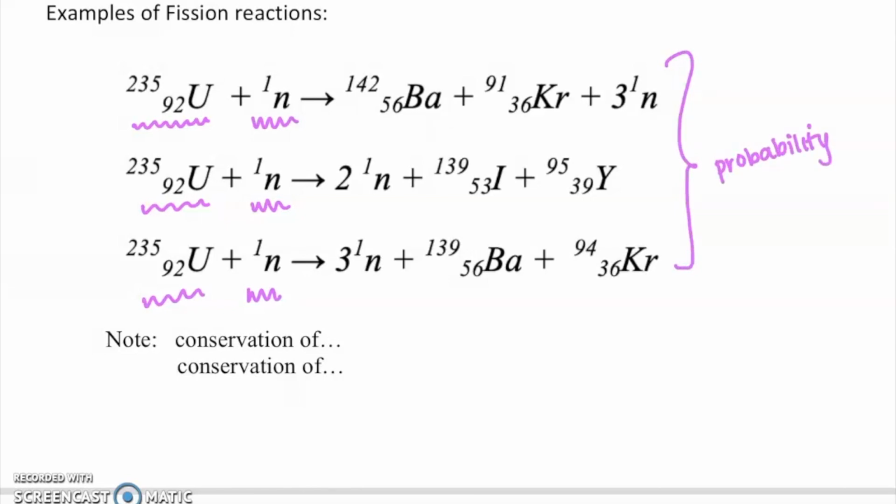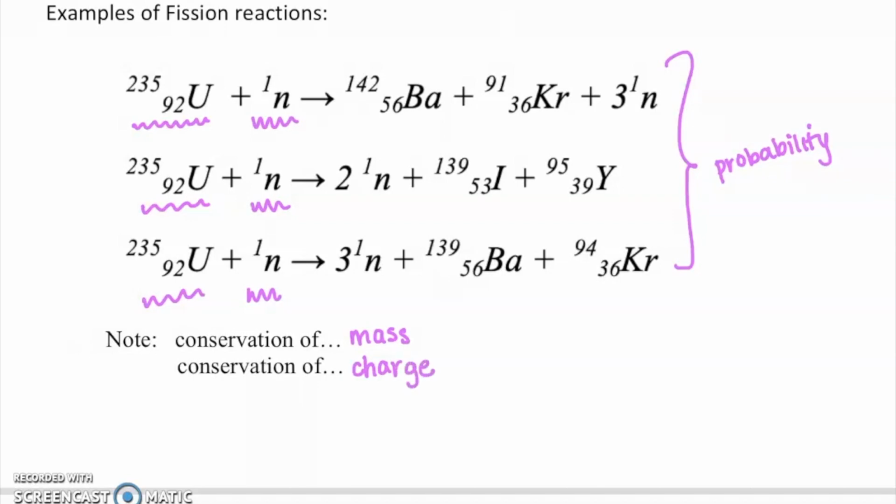There really is not a good way to predict, like, I want that one, so I'm going to make that one. Or I think this one's going to happen next. It really is a probability which of those reactions you're going to get. A really important thing to notice in these equations, just as our SL students have taught you, is that we are seeing conservation of mass and conservation of charge.